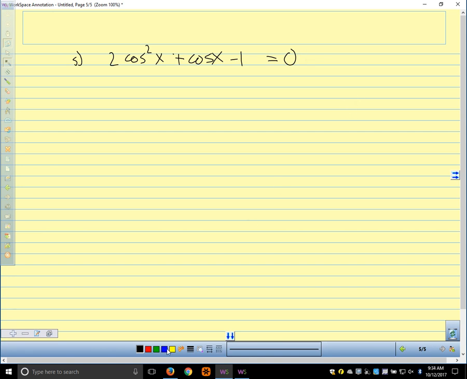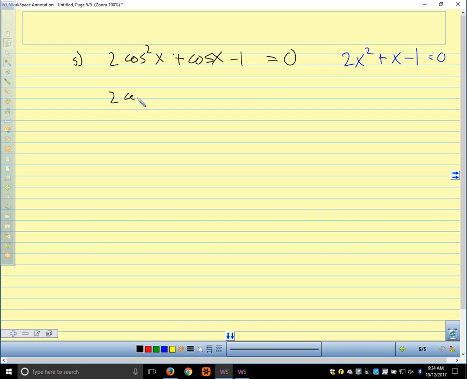We did some simplifying of these types of expressions that we have on the left here. We can think of this just like we think of 2x squared plus x minus 1 equals 0. How would we solve that? Factor. And we're going to factor this exactly the same way.